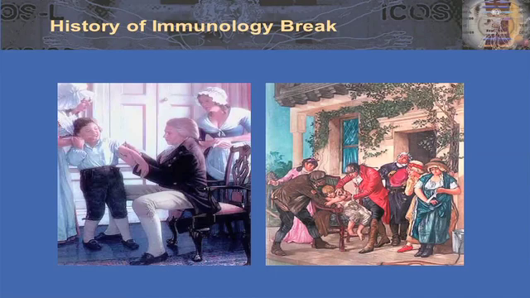If we ask, in the history of medicine, which I teach in our medical school, when did the evolution of immunology as a discipline really move forward? I don't know. Many people might go back to Jenner.